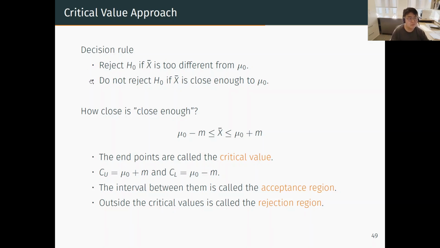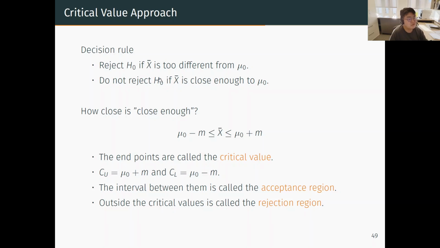So the rule is clear. I am going to reject my null hypothesis if the sample average is too much different from my hypothesis. This is, in some sense, the most natural way to reject, the least processed decision making rule.